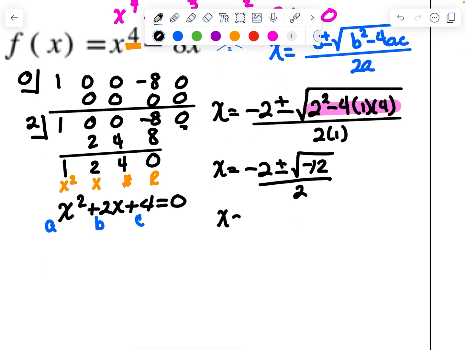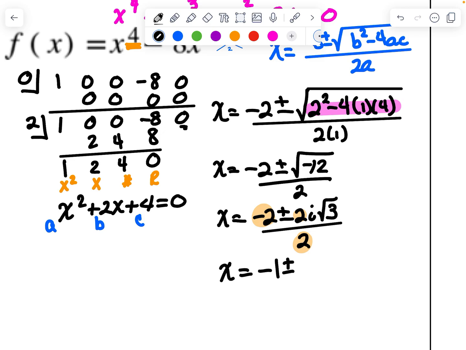So x is going to equal negative 2 plus and minus 2i radical 3 divided by 2. I'm going to recognize the fact that this number and this number and this number are all factors of 2. So x is going to equal negative 1 plus and minus an imaginary radical 3.